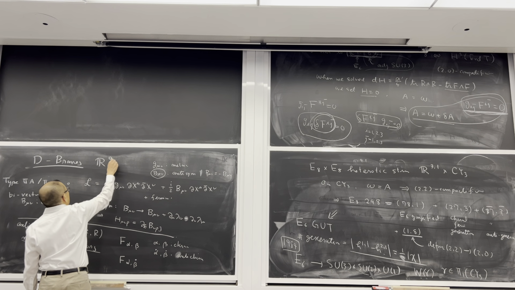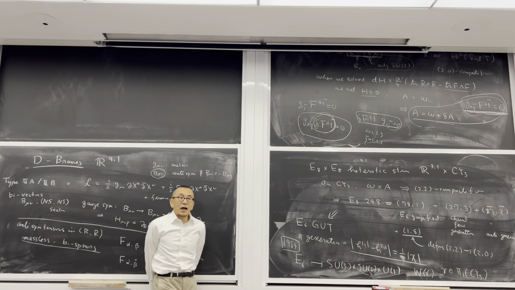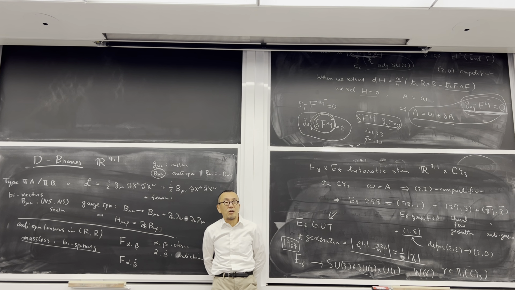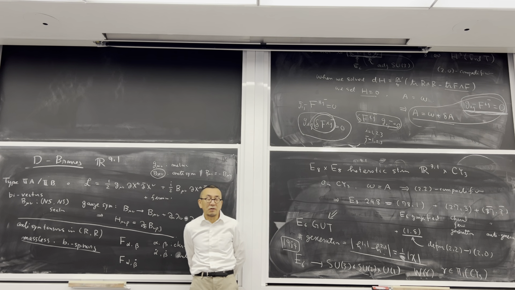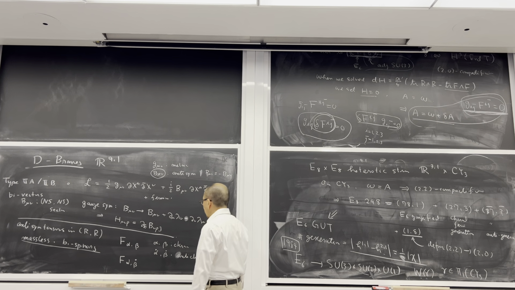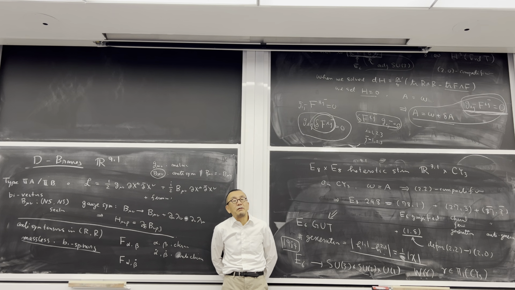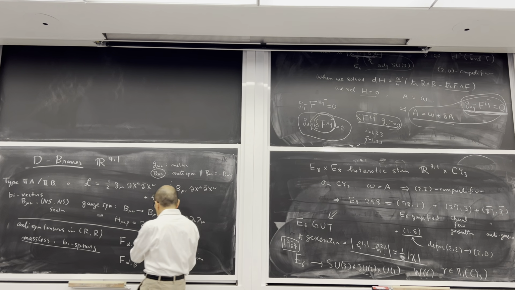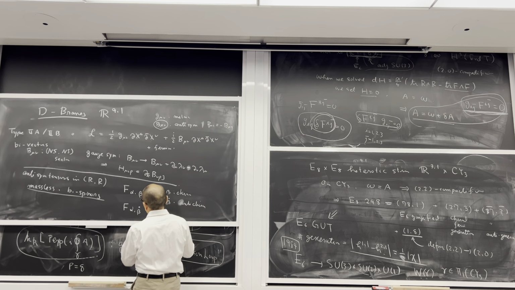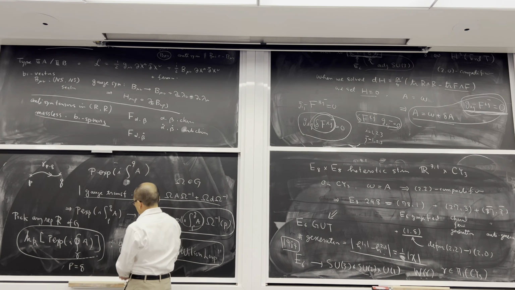So let me stick to 10 dimensions for now. And in 10 dimensions, one of the important features of 10-dimensional Minkowski space is that you can have Majorana-Weyl spinors. Namely, the spinor can satisfy the Weyl condition, which means that you can have a notion of chirality for fermions, but you can also define a reality condition, which is called the Majorana condition. So these are Majorana-Weyl spinors, and there's a pair, and that gives rise to the massless particle.